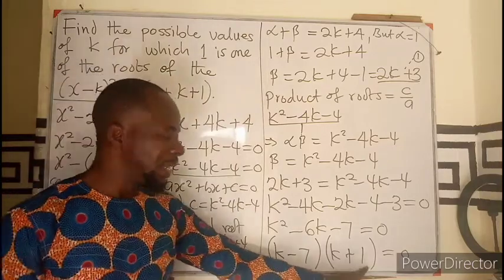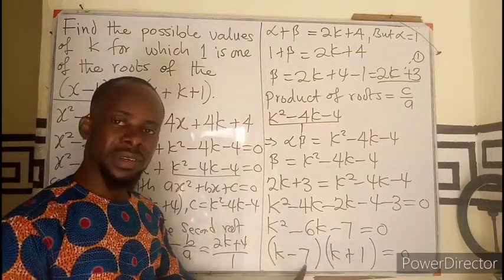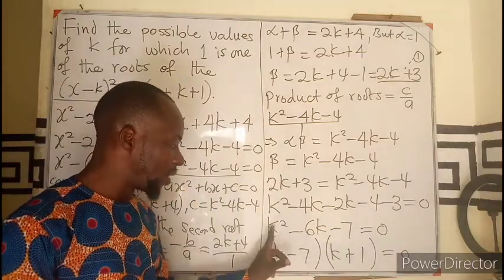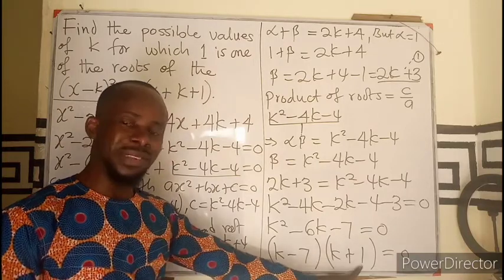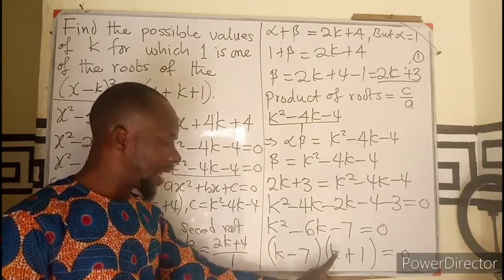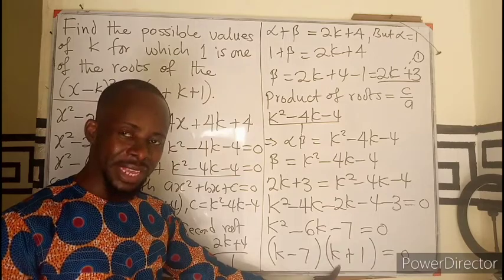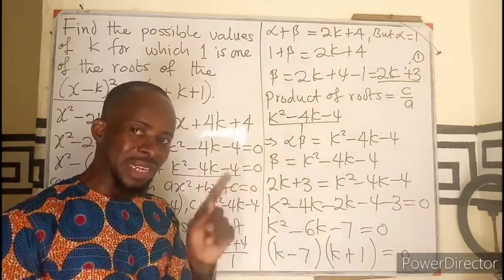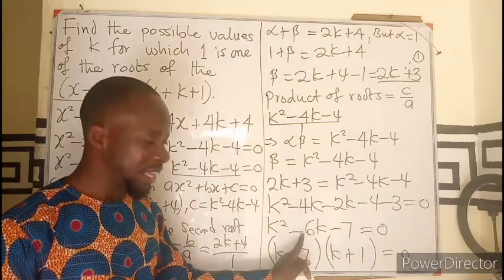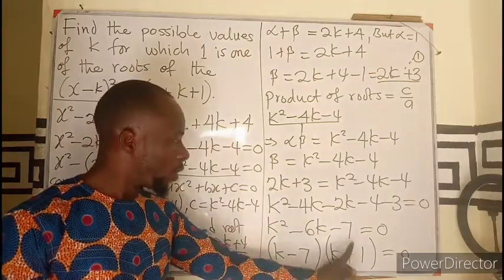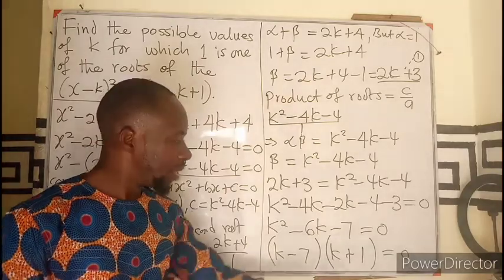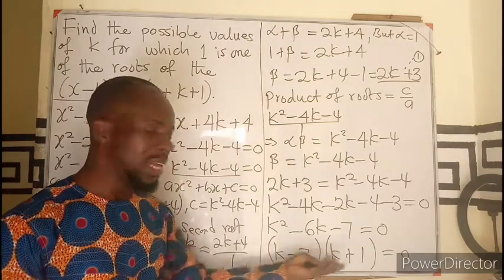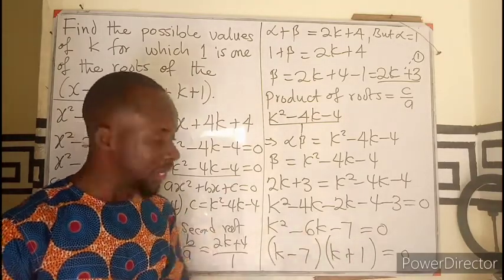Meaning if you open this, this time this will give you this. When this multiplies this, it gives you k squared. This time this, minus 7k. So positive k minus 7k will give you minus 6k. Minus 7 times 1 will produce minus 7. So we still have the same equation. So this is the factorization of that.